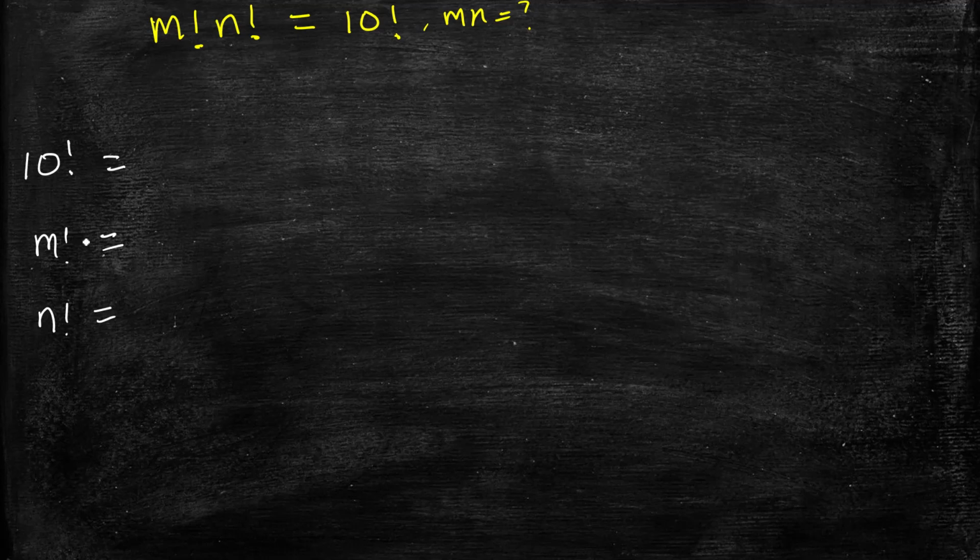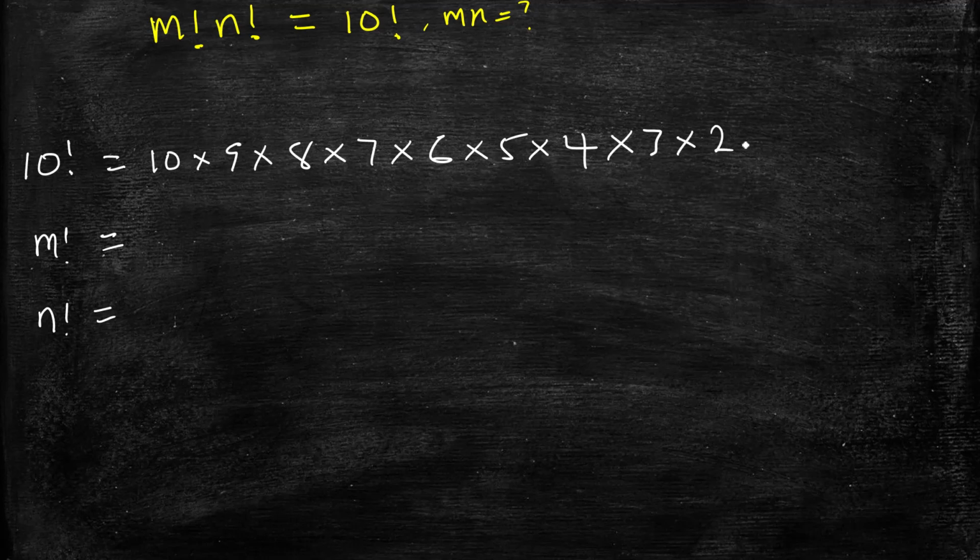We know 10 factorial is 10 times 9 times 8 times 7 times 6 times 5 times 4 times 3 times 2 times 1. That is 10 factorial.